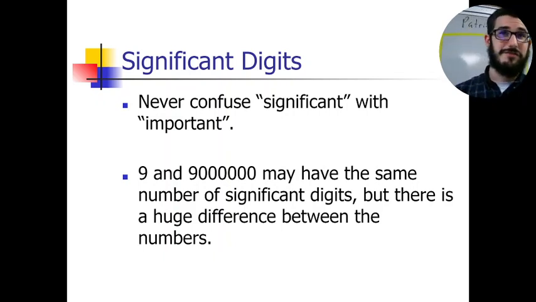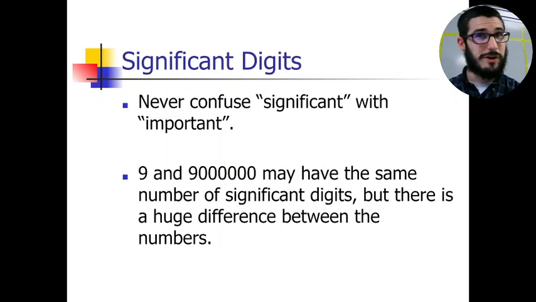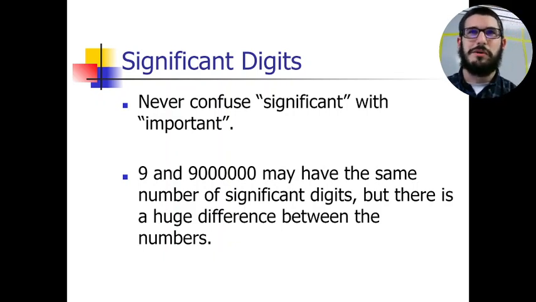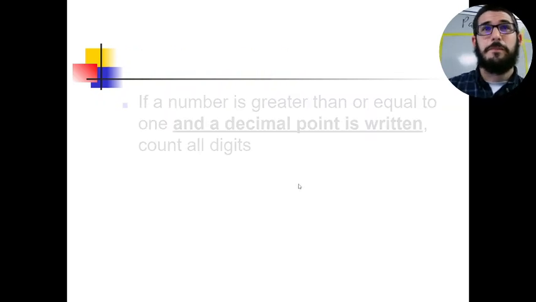Then that's very different than making $9 million. But if I work really hard my whole life and someone owes me $9 million and they say, okay, well, the only thing that's significant is the 9, so here's $9, you're going to be angry, as you should. So always remember that significant and important are different.